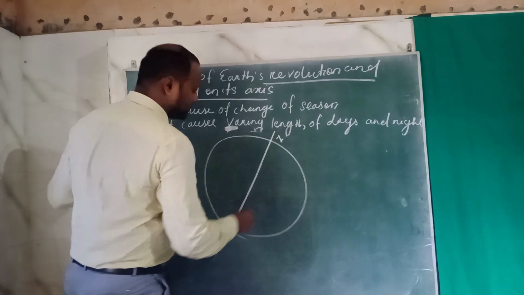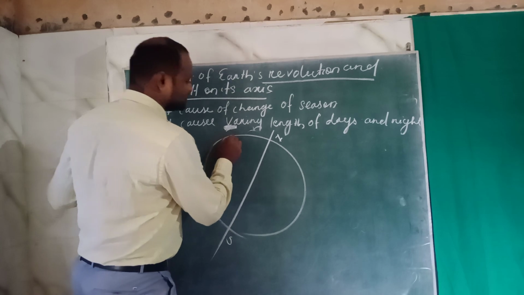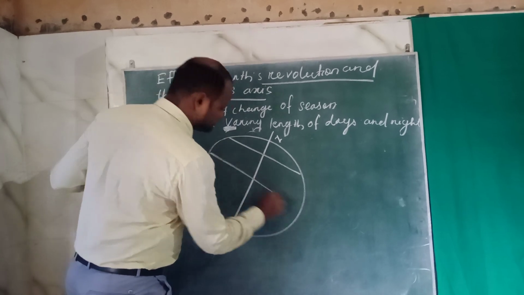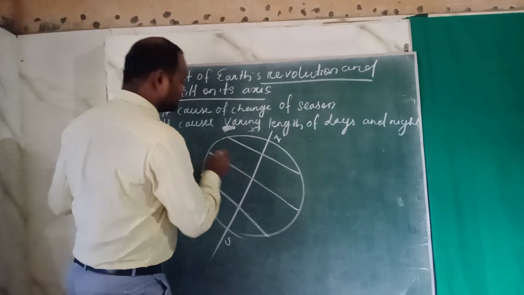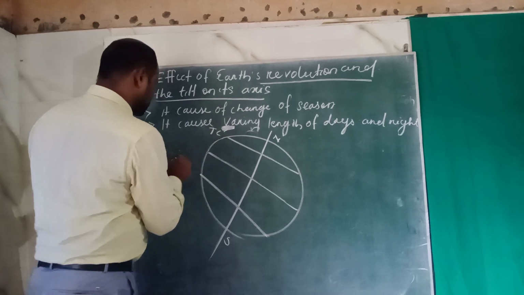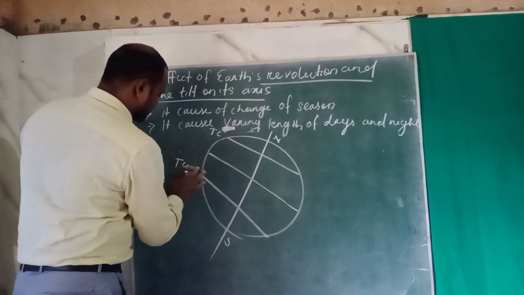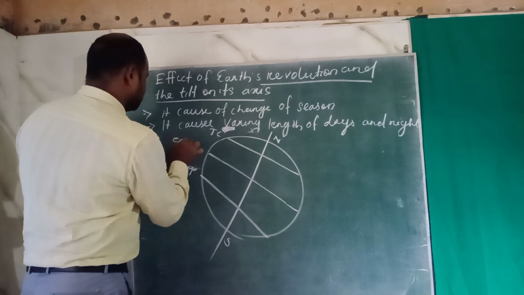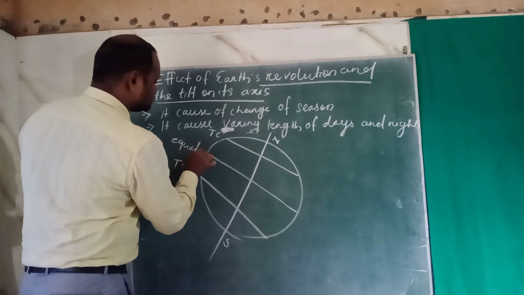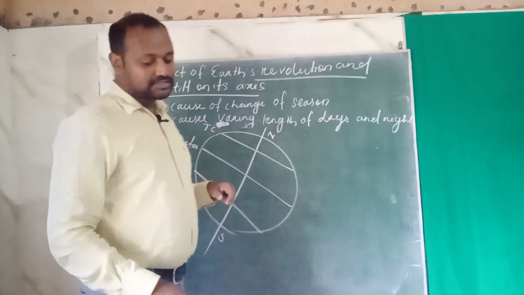Okay, it is North Pole, it is South Pole, this is Tropic of Cancer, Equator, Tropic of Capricorn. I am writing the short form, and it is Equator. Okay, understand?